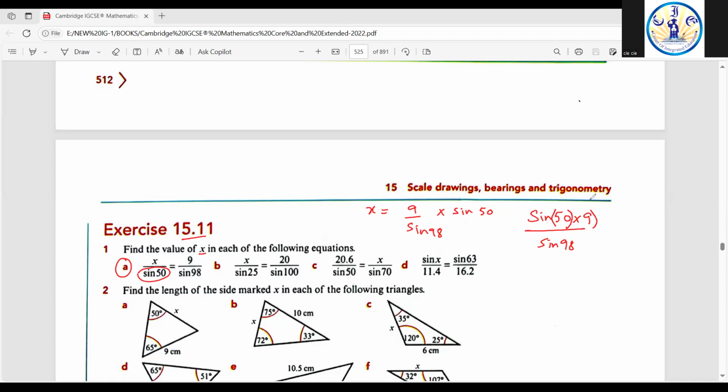The calculator might be multiplying 50 by 9 first and then calculating its sine. That should not be the case. Rather, we have an angle 50 whose sine is to be multiplied by the number 9 only. So this is what we need to take care of.